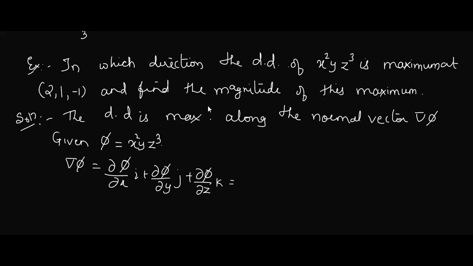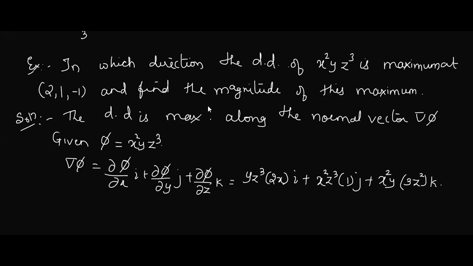What is the derivative of this phi with respect to x? yz cube is constant, x square becomes 2x, correct? Similarly, with respect to y, x square z cube is constant, y with respect to y is 1. With respect to z, x square y is constant, z cube becomes 3z square k. This is my del phi, right?